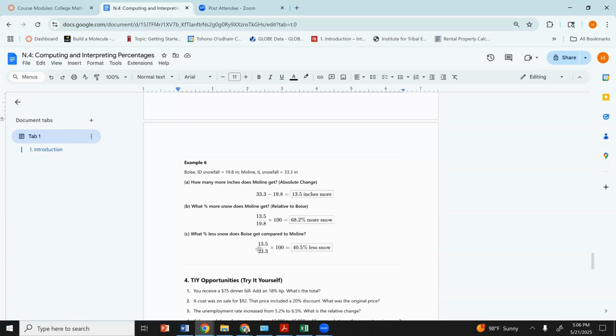And part C, what percentage less snow does Boise get compared to Moline? The difference between the snow is 13.5.